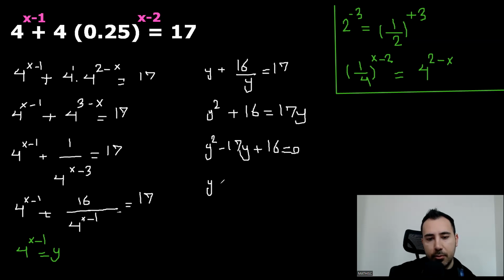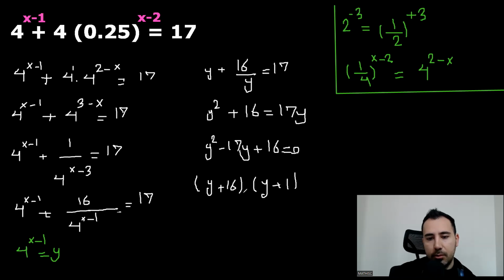We are looking for two numbers. If we multiply them, they give 16. If we add them, they give negative 17. What are the two numbers? Well, if I write 16 and 1, are they good enough?